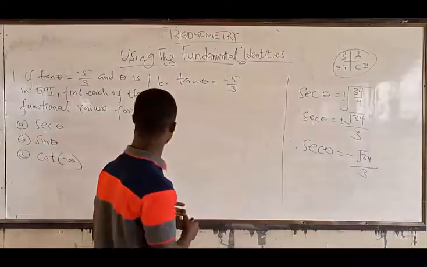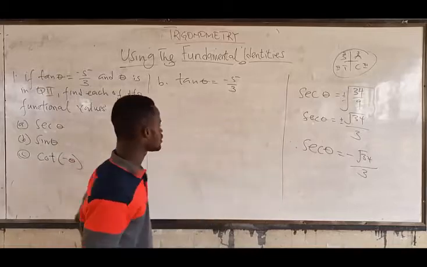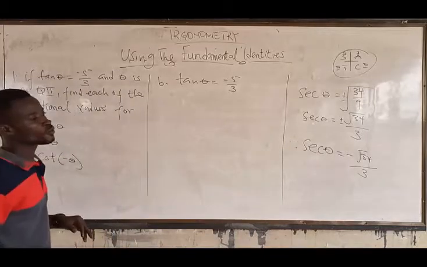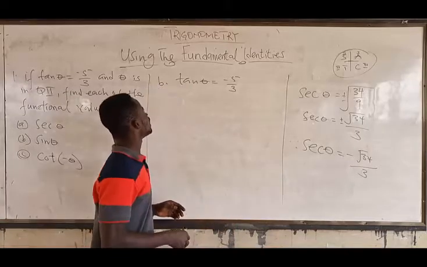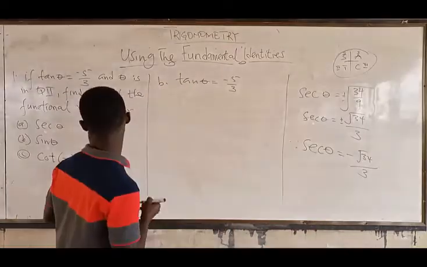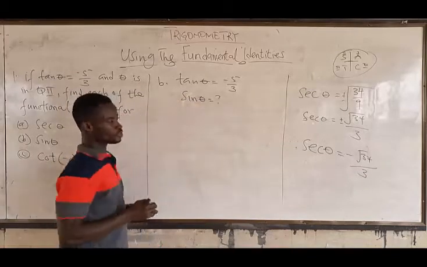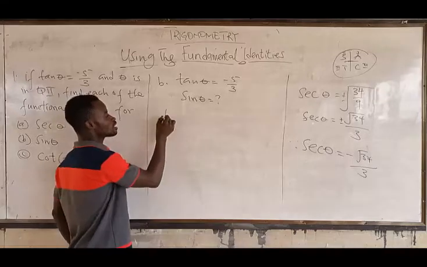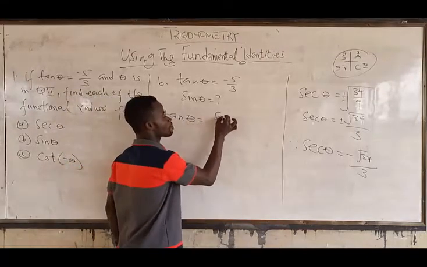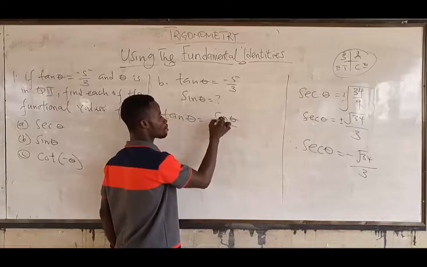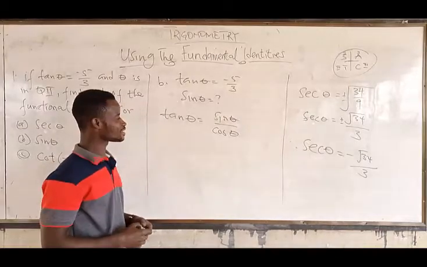So from what you know, tan theta, you know sec theta. Which of the fundamental identities is going to help you to get sine theta? Now, you know that tan theta is sine theta over cos theta. Very good.